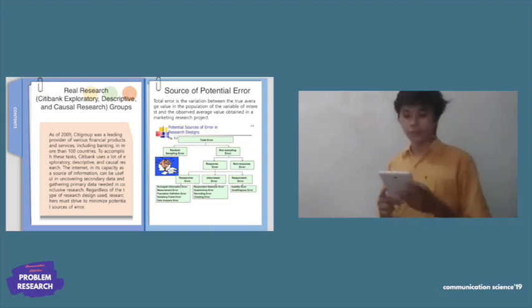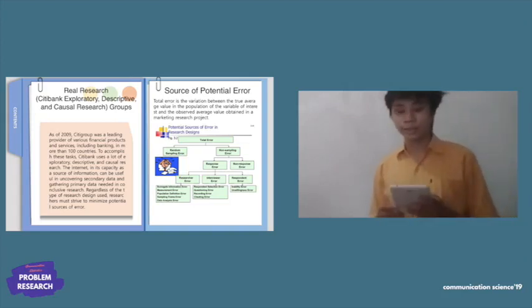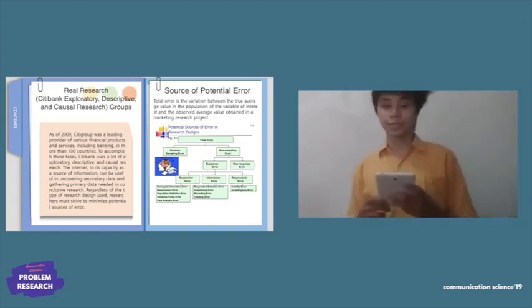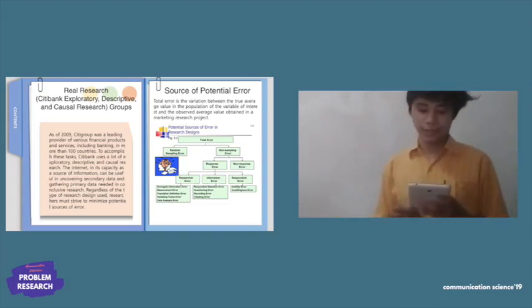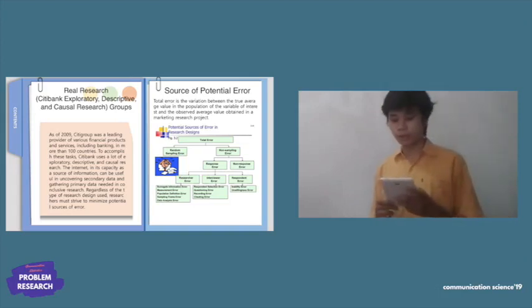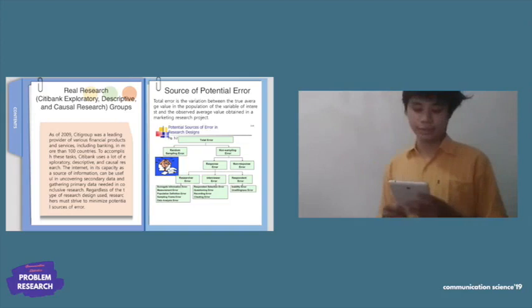Recording error arises due to errors in hearing, interpreting, and recording answers given by respondents. Cheating error appears when the interviewer makes up answers to part or all of the interview, mostly cheating.